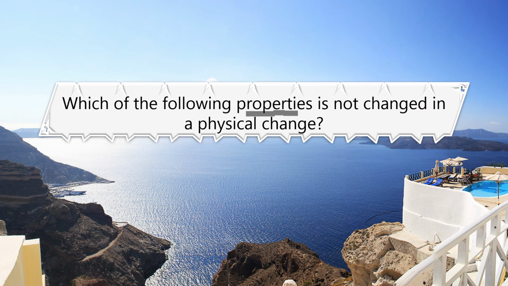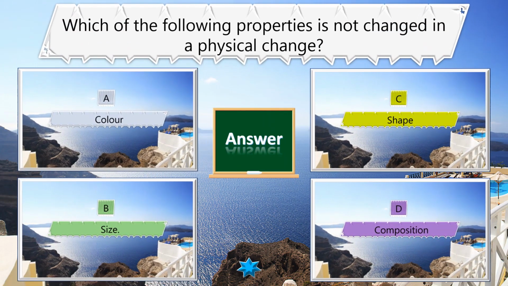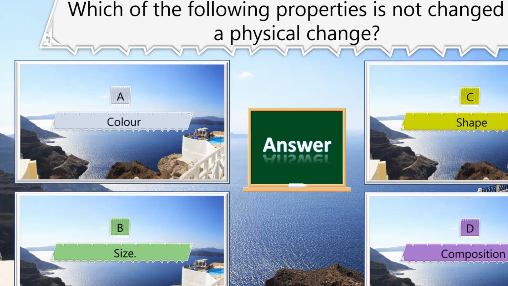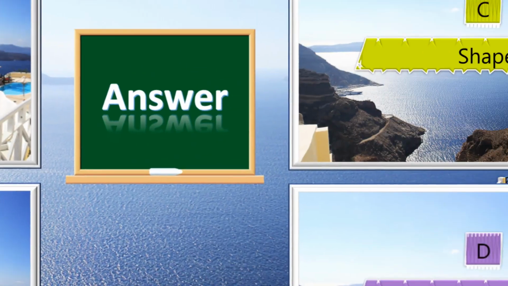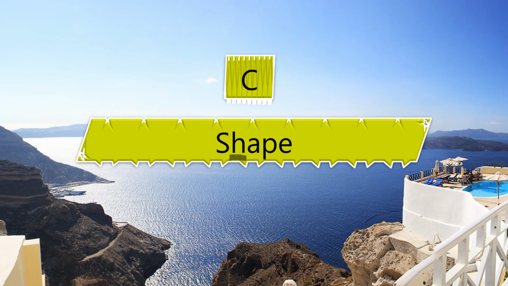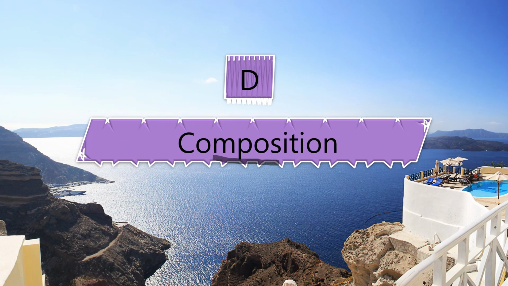Which of the following properties is not changed in a physical change? Color, size, shape, composition?